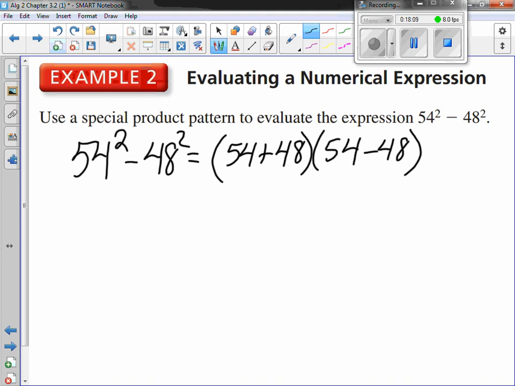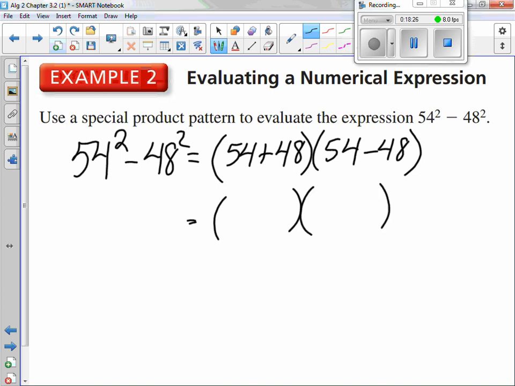Because a squared minus b squared did factor to a plus b times a minus b. So our value of a was 54, the value of b is 48, so we could rewrite it like this here. Well, 54 plus 48 would be 102. And 54 minus 48 would be 6.